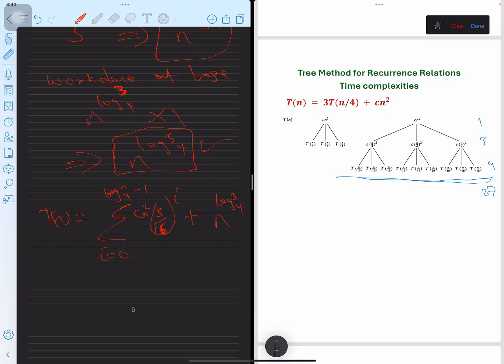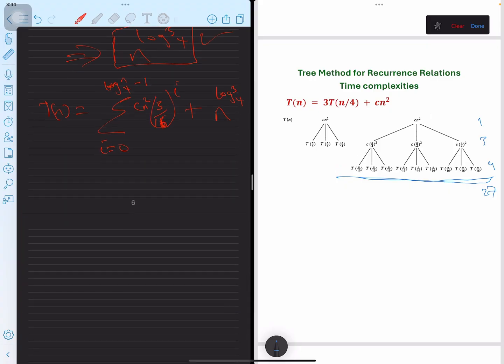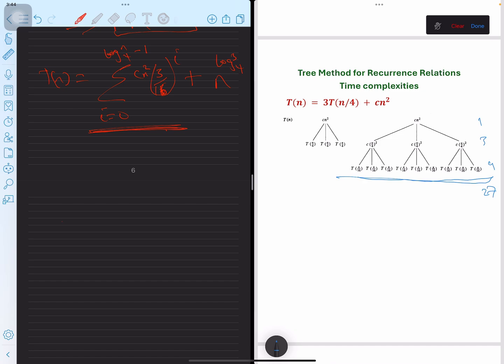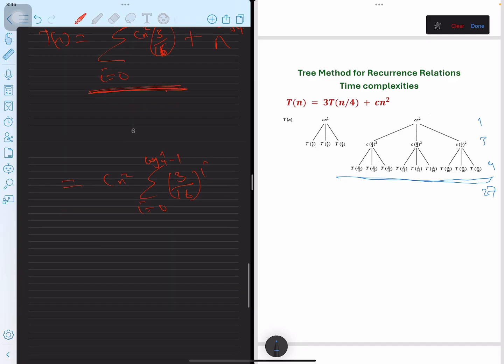So with that, I want us to solve this first part first, then we'll add it to this guy and tell what the time complexity will be. So that means what I have for the first part is Cn squared times the sigma, I equals 0 to log n base 4 minus 1, of 3 divided by 16 to the power of I. So with this now, I already see what the pattern will be.